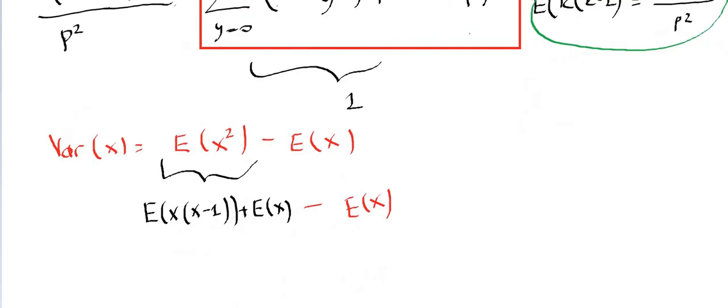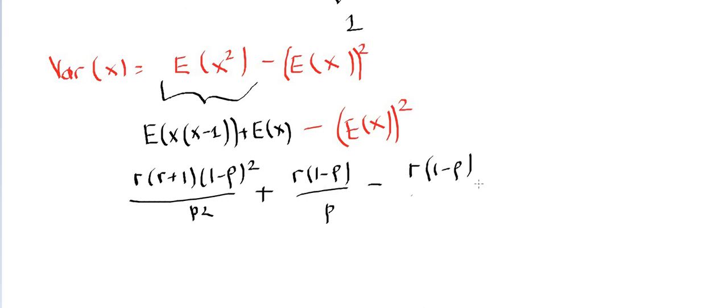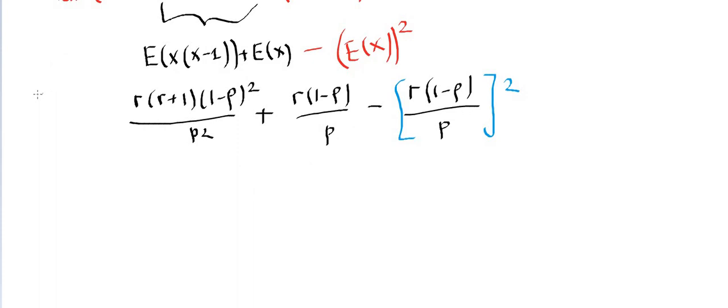So it's going to be r times r plus 1, 1 minus p to the second power over p squared. In the previous section we found the expectation already. That was r times 1 minus p over p, and this will be squared here, so plus r times 1 minus p over p, minus r times 1 minus p over p, the quantity squared, and that will be equal to our variance.